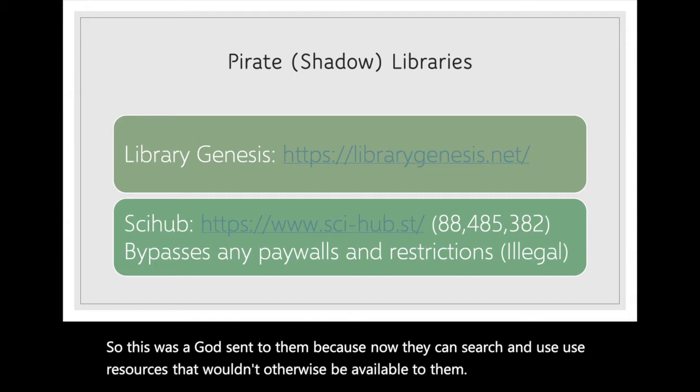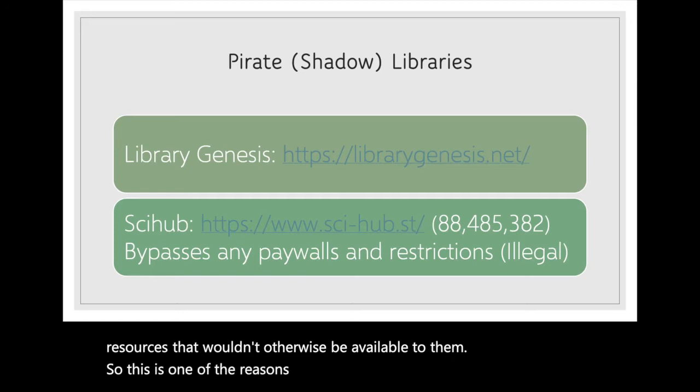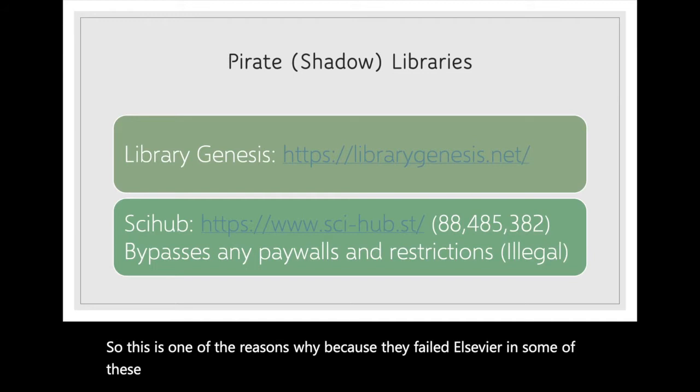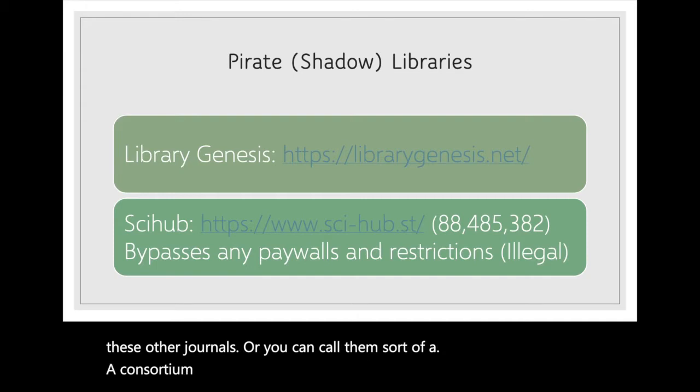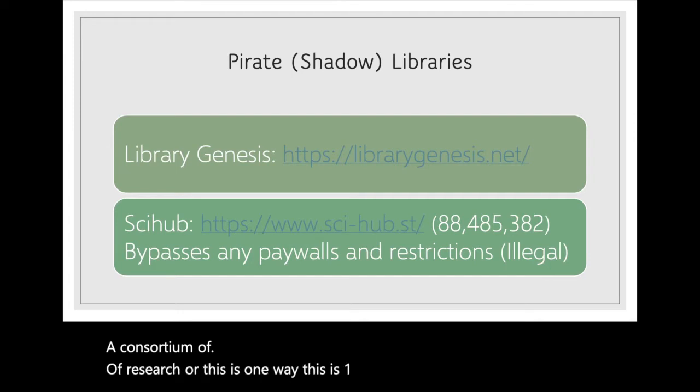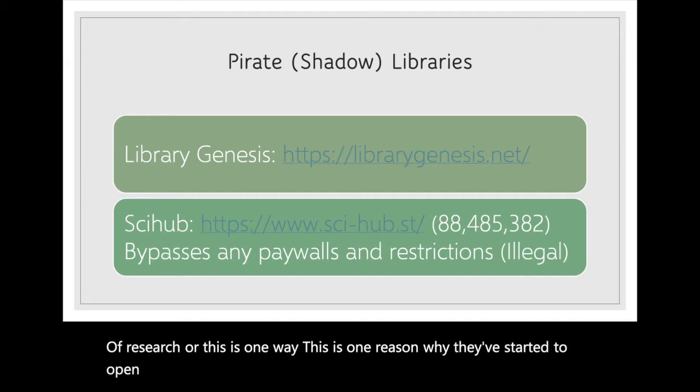This is one of the reasons why Elsevier and some of these other journals, you can call them a consortium of researchers, have started to open up access to some of their content, but obviously not all of their content.